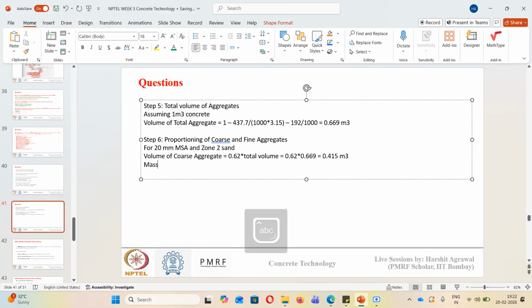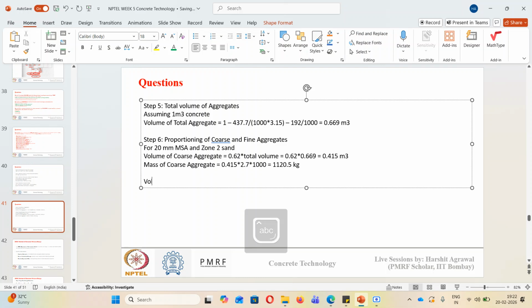Mass of coarse aggregate will be volume times density, and we have been given the specific gravity of aggregate, so it will be 0.415 times density, that is 2.7 into 1000. So it is 1120.5 kg. So this is the mass of coarse aggregate.